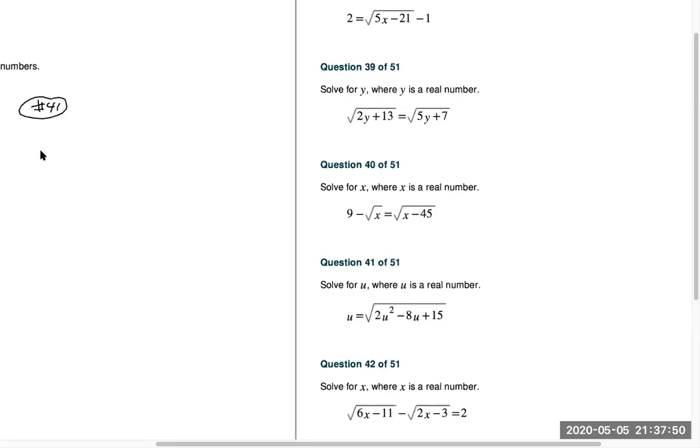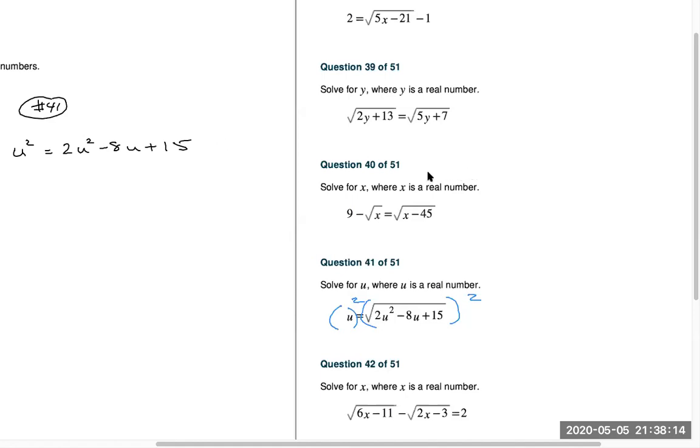Number 41, you already have your radical isolated. So your first step, since it's a square root, is to square both sides. So we're going to get u squared equals 2u squared minus 8u plus 15.